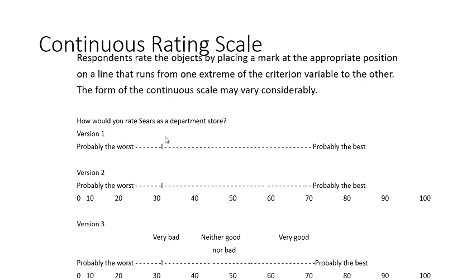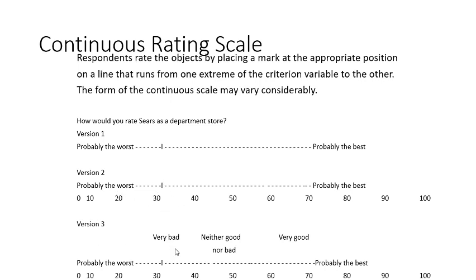Usually in this type, respondents are asked, researchers give them questions, they provide their feedback, and this is version 2, worst. So it starts from 0 to 100. The person who has selected is approximately at 30, so it is nearer to the worst.